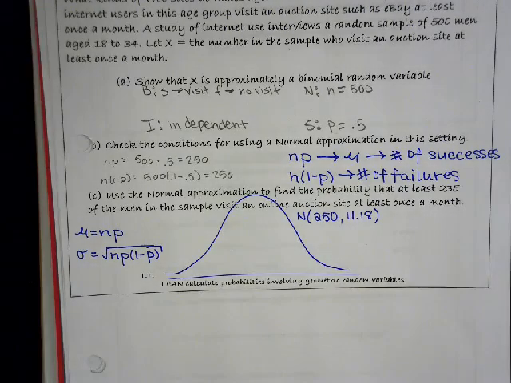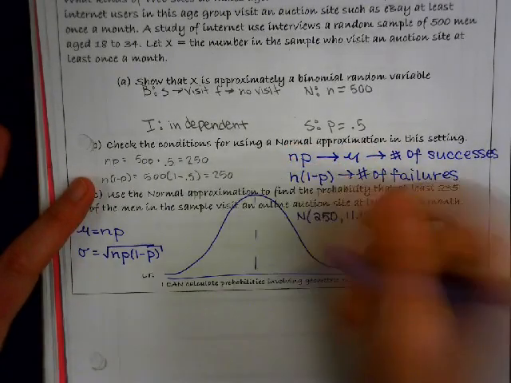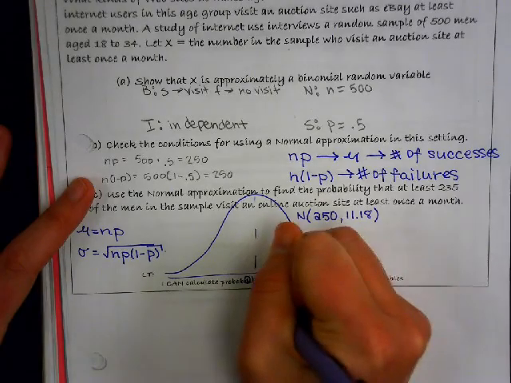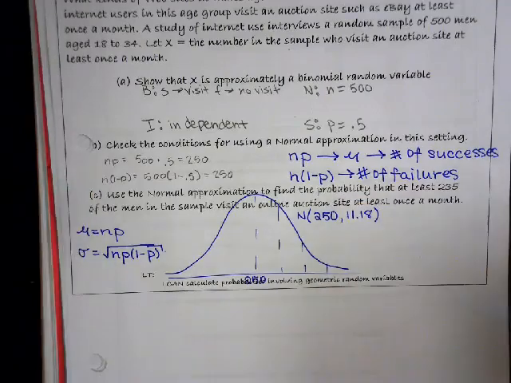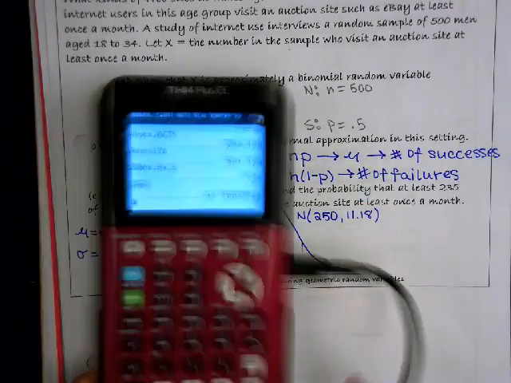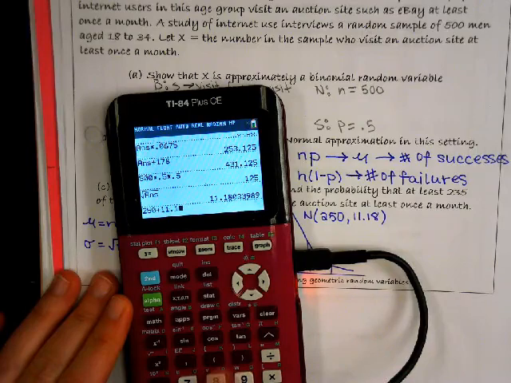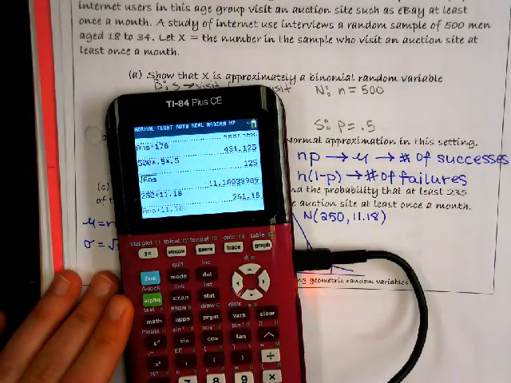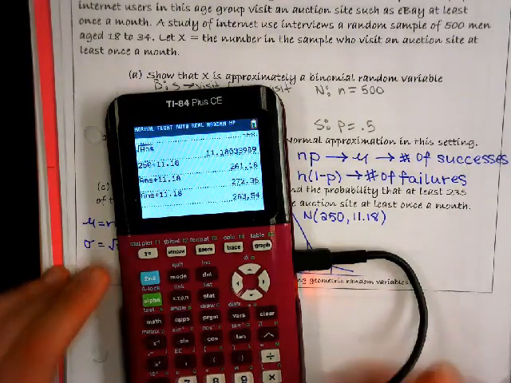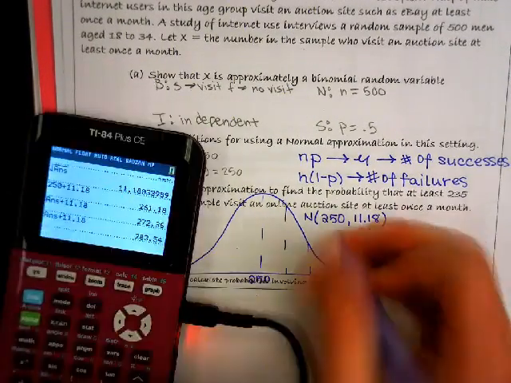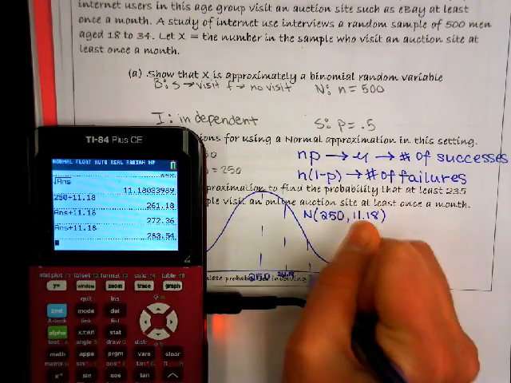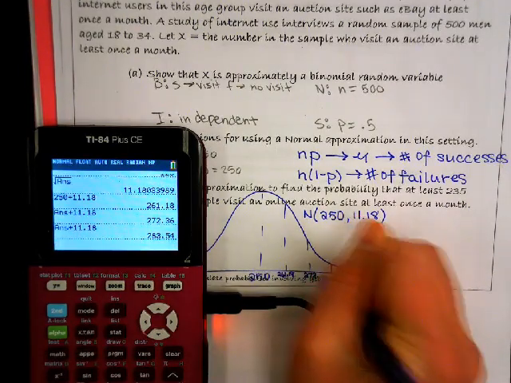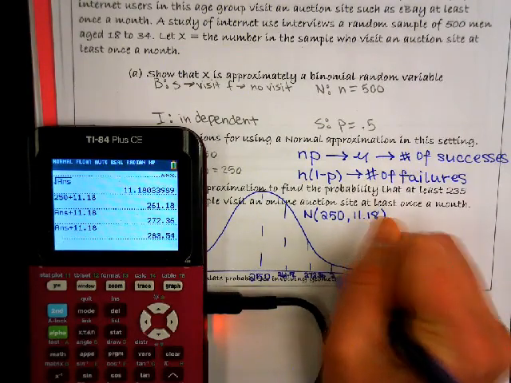Then we're going to put all our hash marks on our normal curve. At the center is the mean, so 250. Then we're going to add the 11.18 multiple times. 250 plus 11.18 plus 11.18 plus 11.18. So we have 261.18, 272.36, and 283.54.